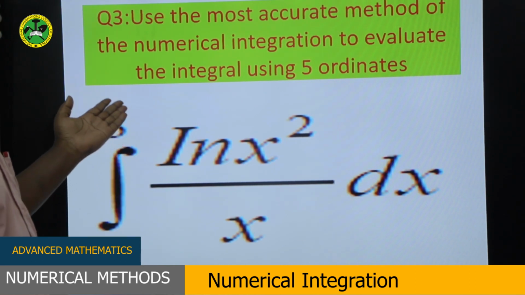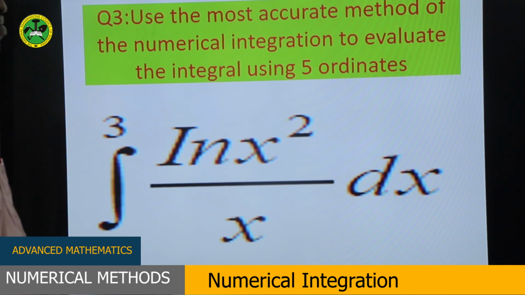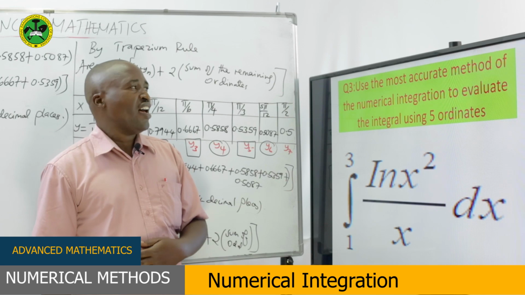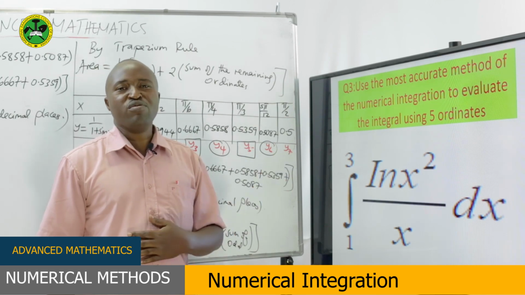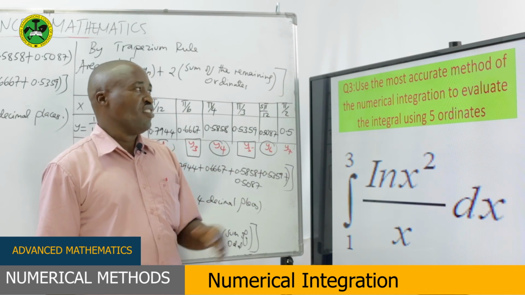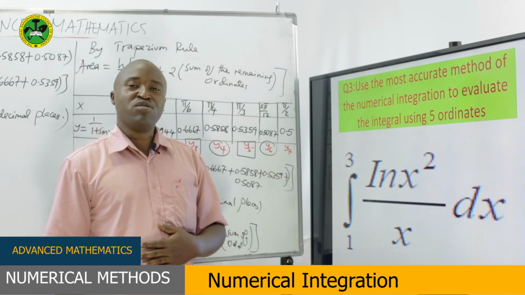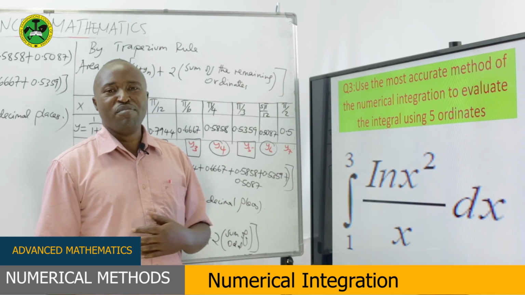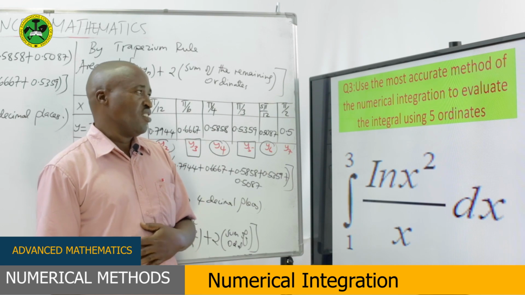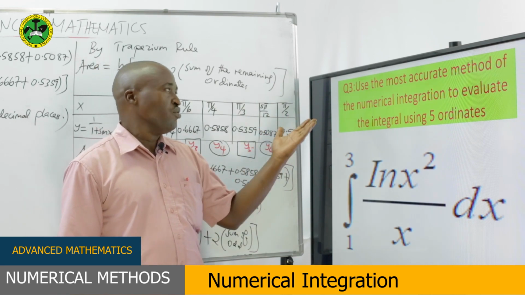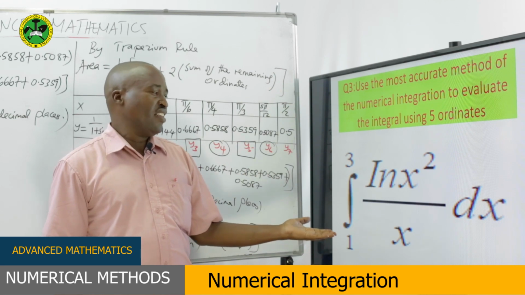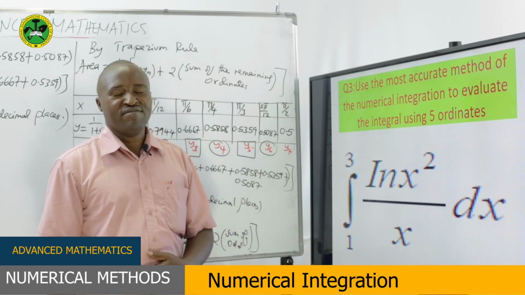So what is the most accurate method among the two? Simpson's rule is the most accurate compared to the trapezium rule. So in this case, you are going to use only one rule, that is Simpson's rule, to approximate the area of this question.